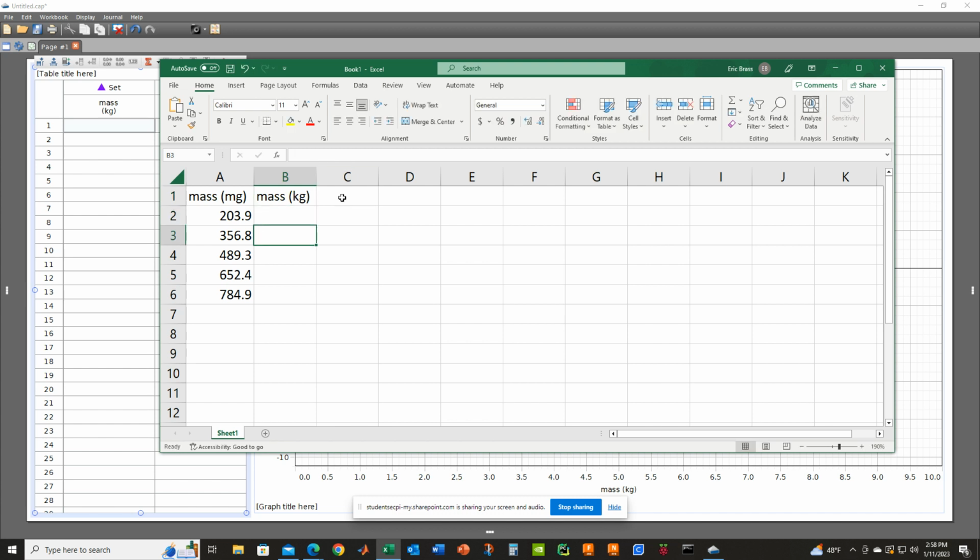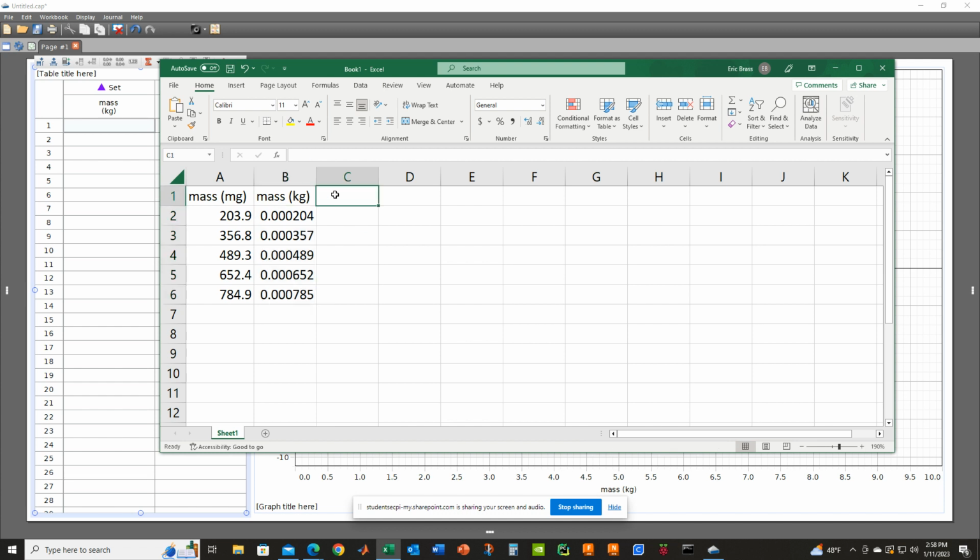There are 1,000 milligrams in a gram, and then there are 1,000 grams in a kilogram. So we need to divide this by a million, that's 6 zeros, and then just fill that down.